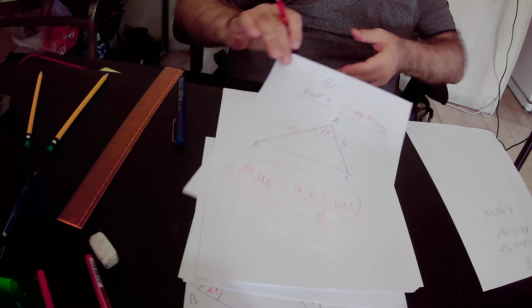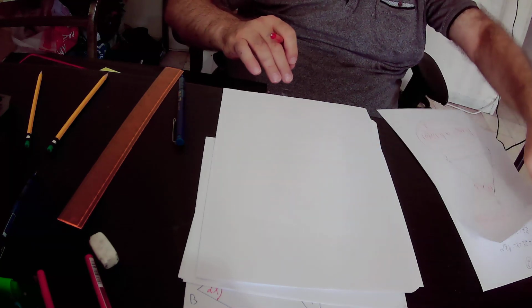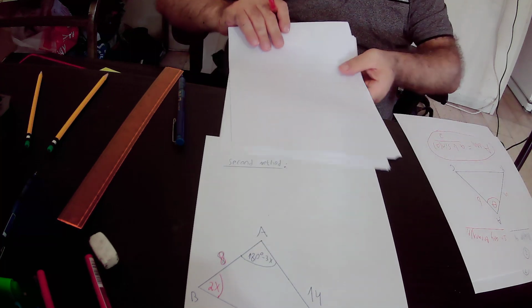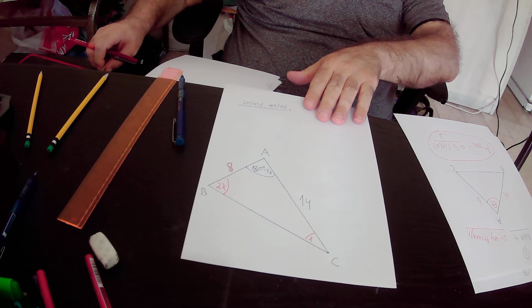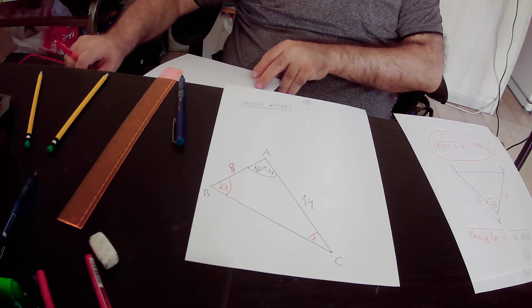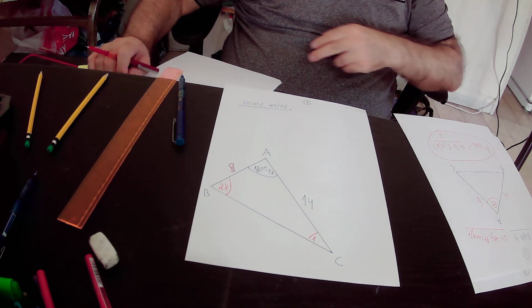So we can implement rule number 4 in our triangle ABC.